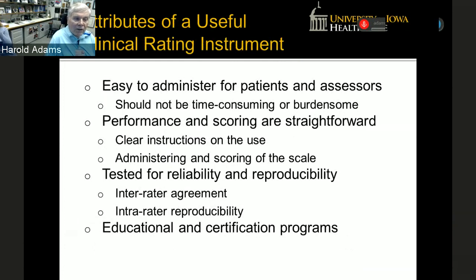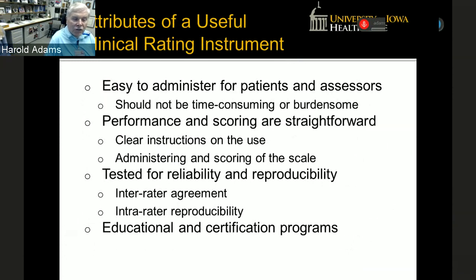Now, what are the attributes of a useful clinical rating instrument? It should be easy for the patient and the assessor. It has to be doctor-friendly and patient-friendly. It cannot take too long or be too difficult. The scoring of the scale and how to assess it should be straightforward, with clear instructions on the use and scoring of the scale.